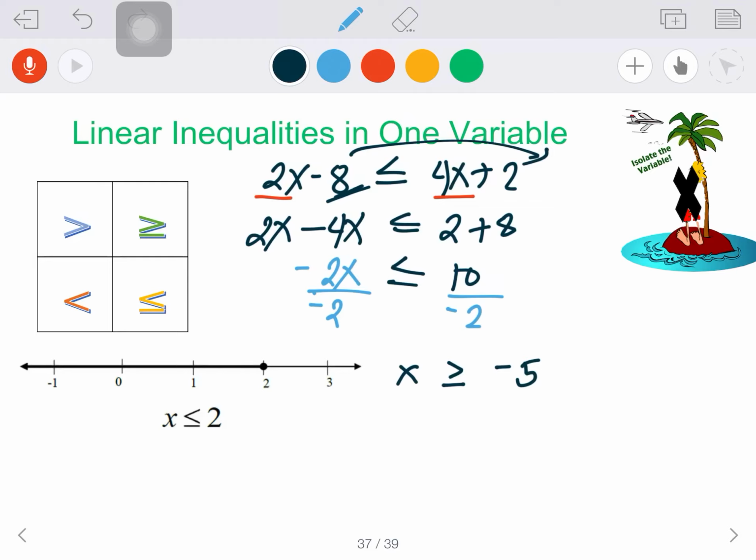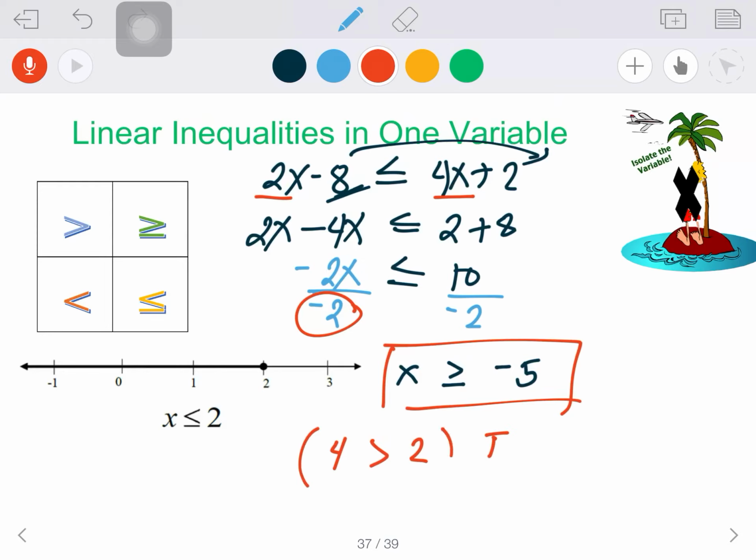Now, this rule only applies when you divide by a negative number with your term with a variable. The sense would change. A concrete example would be if, for example, you have a 4 which is greater than 2, this statement is true. If, for example, you either divide or multiply this by a negative number, say negative 1, 4 becomes negative 4, and 2 becomes negative 2.